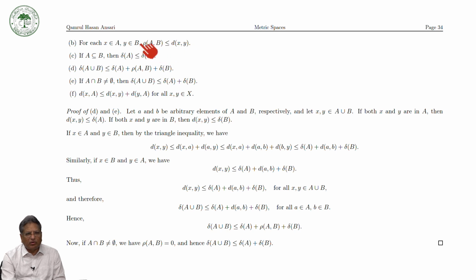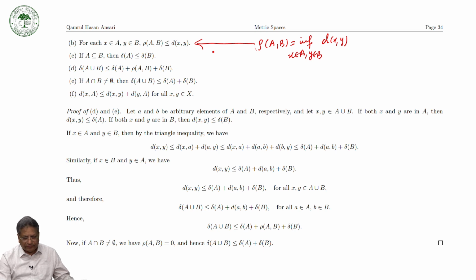This is by the definition of the distance between the sets A and B. The distance ρ(A,B) is equal to the infimum of d(x,y), where x is in A and y is in B. So we are taking the infimum over this. By the definition of the infimum, because this is the infimum value of d(x,y), you will get this very easily. So no problem at all. Okay, so I am removing this one.